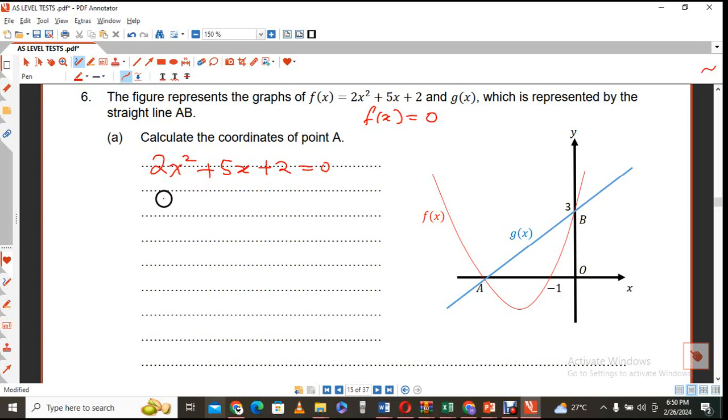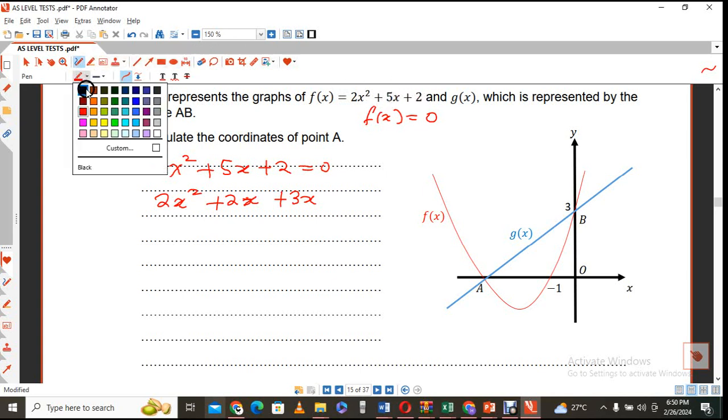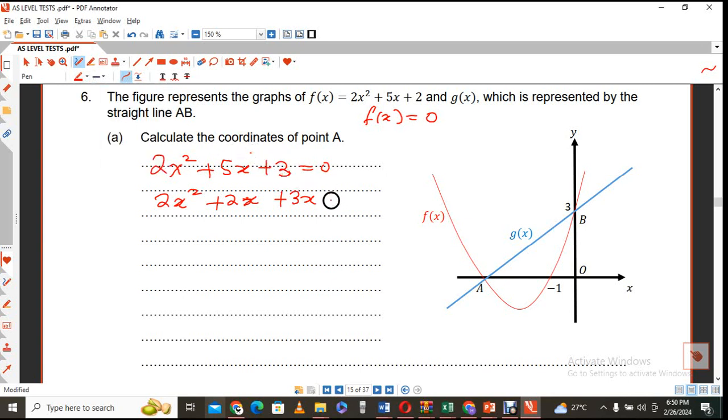Actually, I think it should be plus 3. So let's just correct our equation. Our equation should be plus 3.